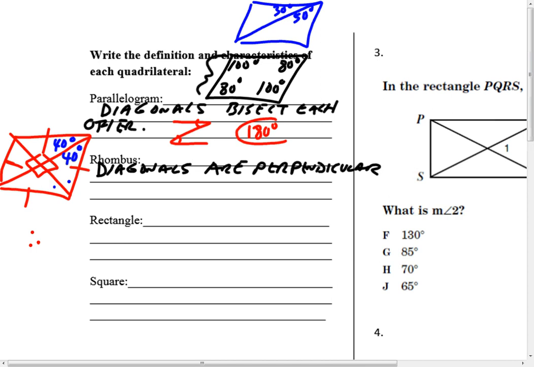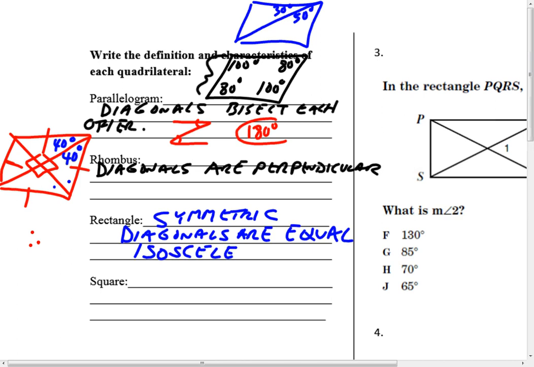4 sides equal, right angles in the center, and I know these angles that are next to each other are always the same. For a rectangle, I think to myself, it's very symmetric, and diagonals are equal, same length, and we get a bunch of isosceles triangles in the mix.